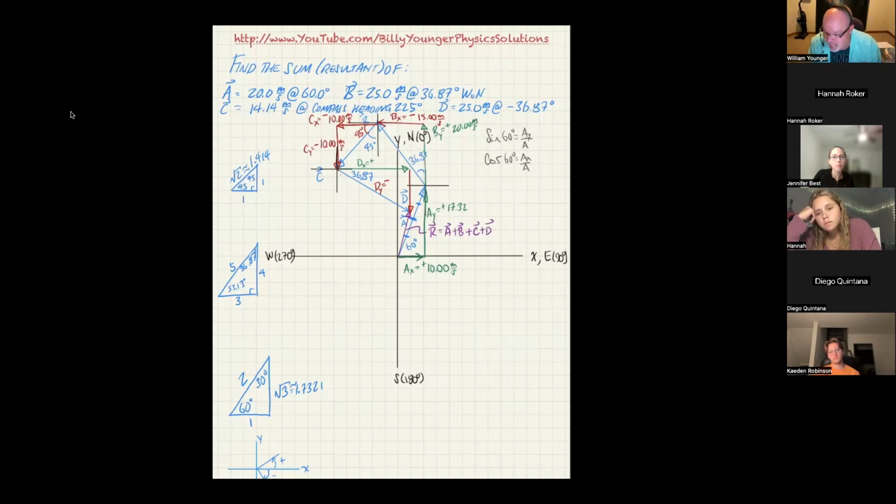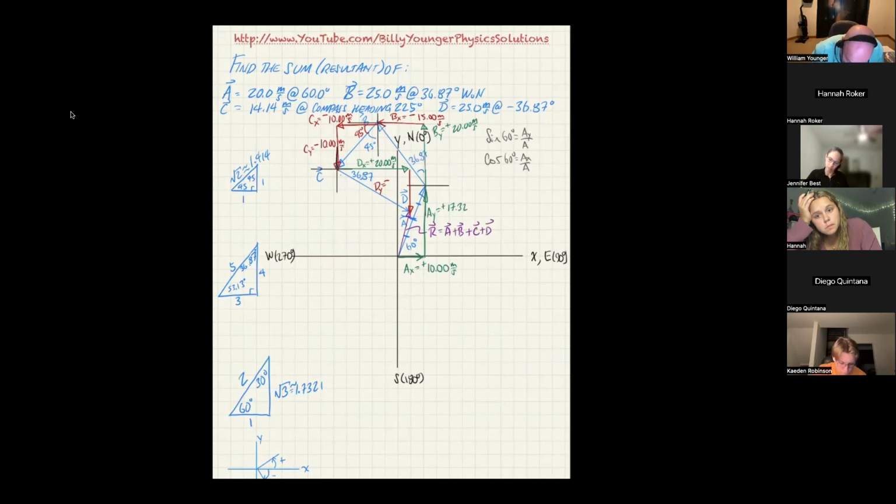So we're just going to multiply those by 5. The side that's adjacent to the 36.87 is going to be 4 times 5 or 20. So that means D sub x is positive 20.00 meters per second. And then the opposite would be the 3 times 5 or 15.